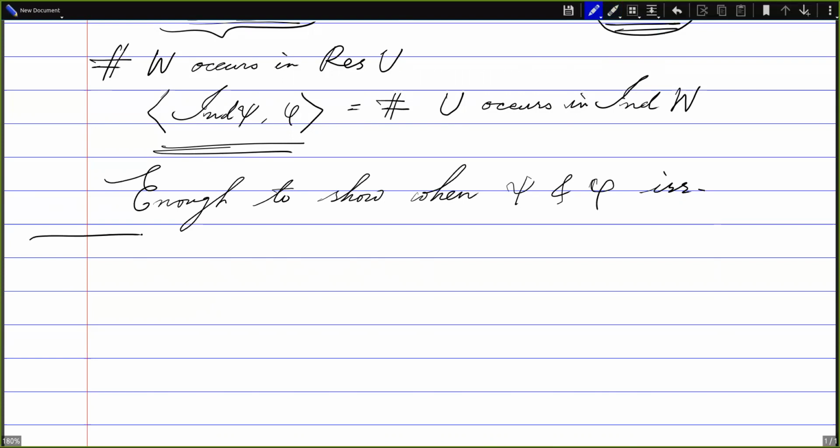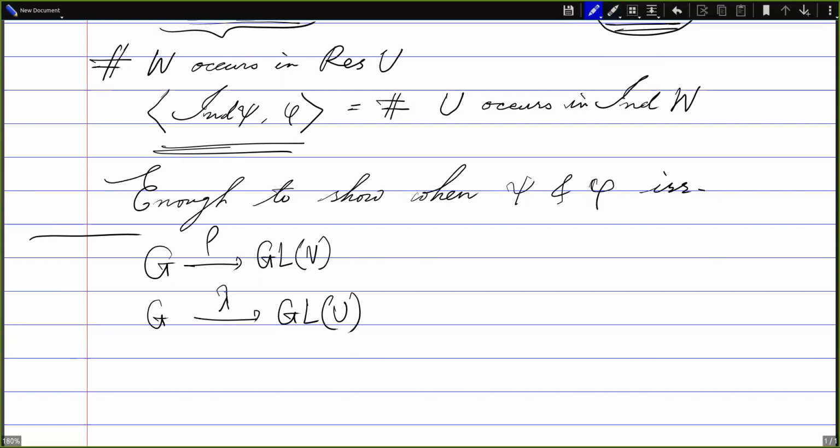Now for that we need to make a general observation. The observation is very simple. Suppose I have two representations of a group G, say rho on V and another one, lambda, on U. All are finite dimensional complex representations.